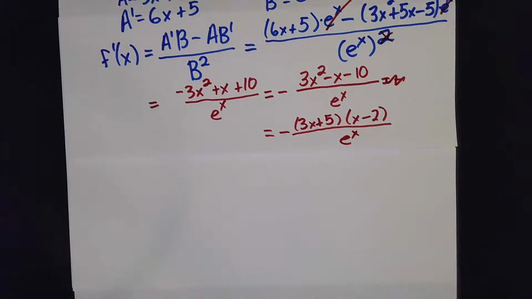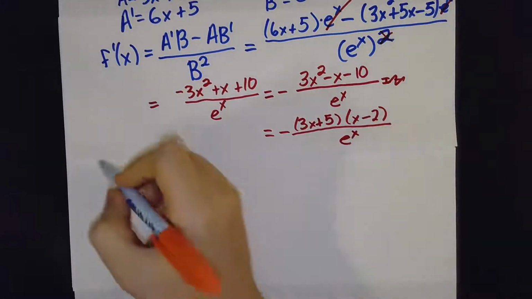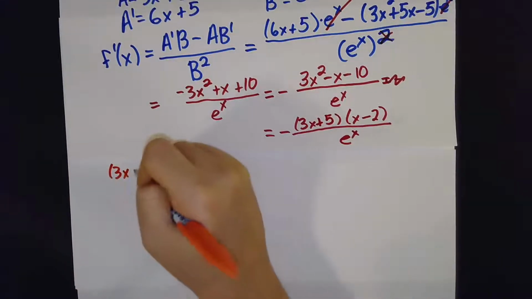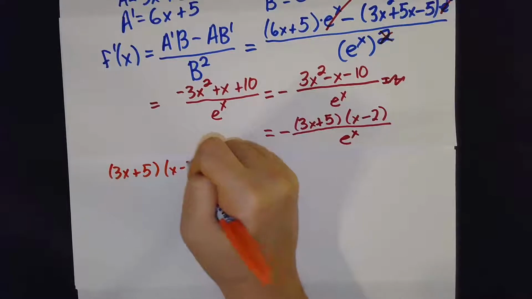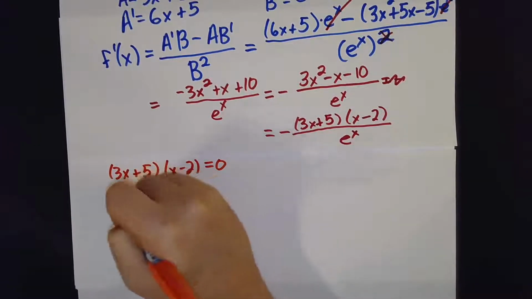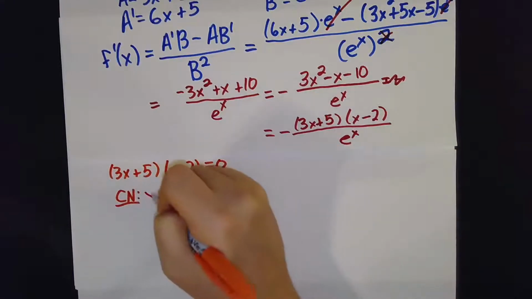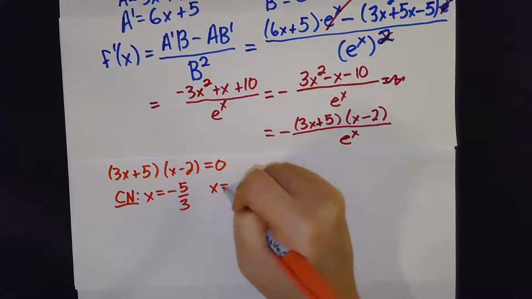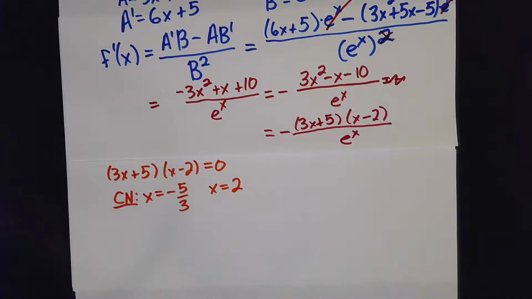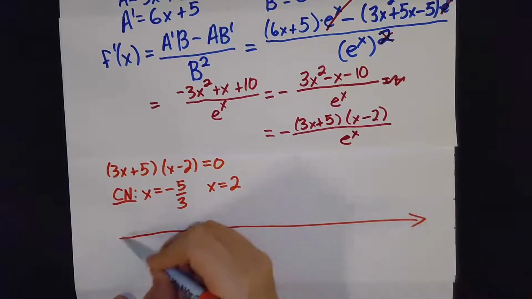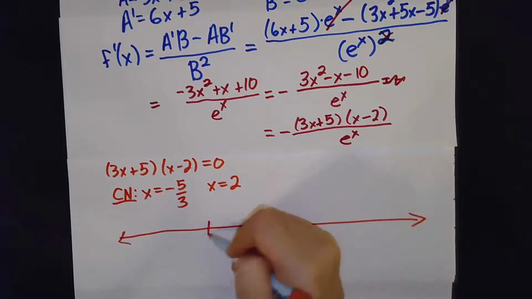Okay. So now I am ready to go hunting for critical numbers, and I will find those critical numbers by setting the numerator of this fraction equal to 0. And that will give me as critical numbers x equals minus 5/3 and x equals 2, which I use to form my number line where I put these things on it.